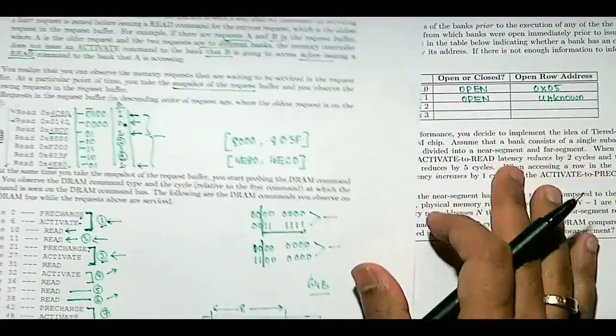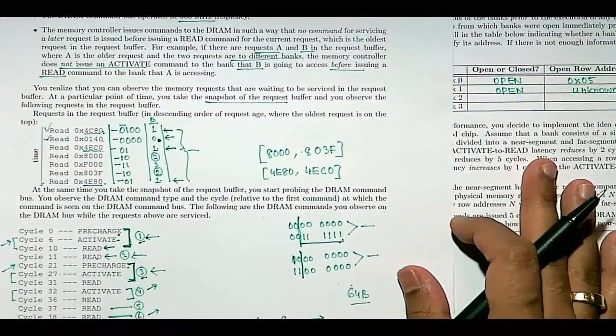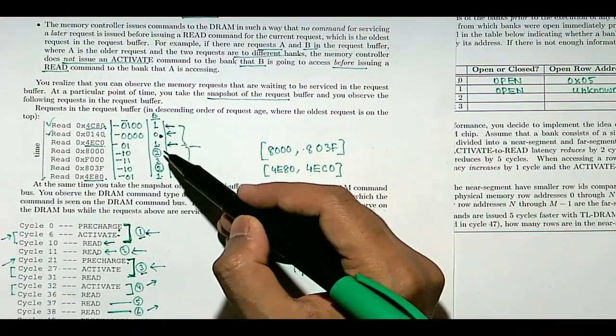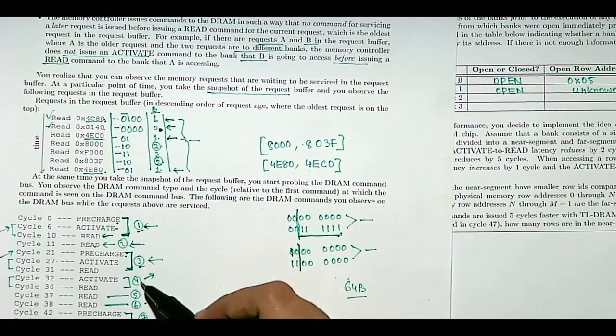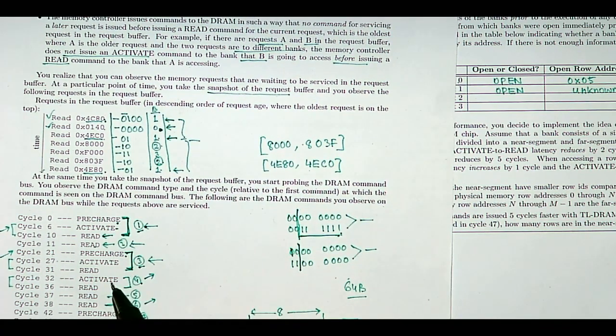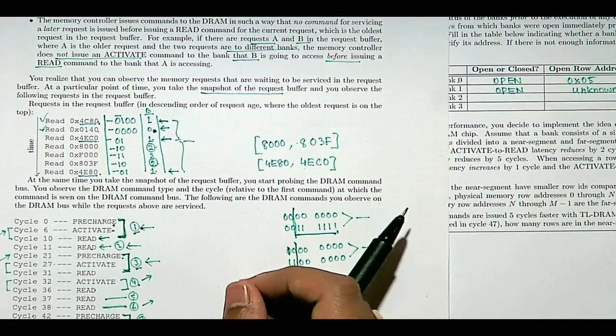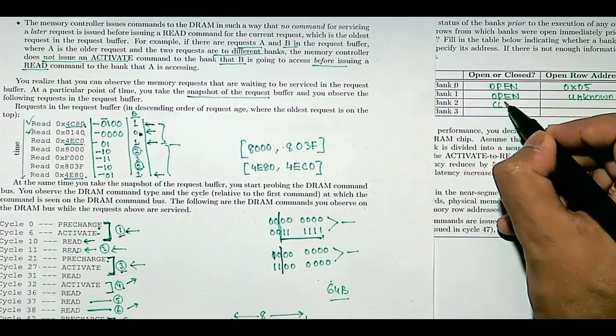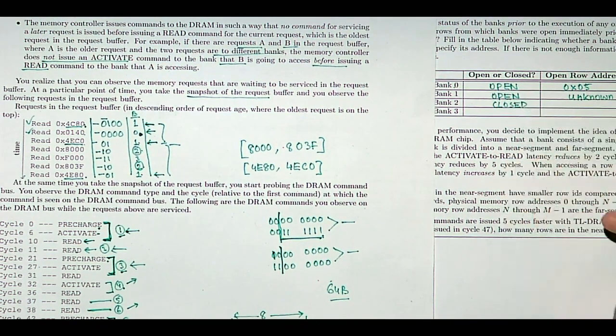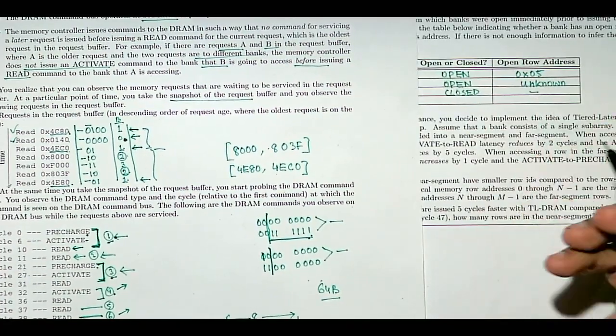Make sense? Okay. Let's go to bank 2. Now bank 2, this is the one. So this is the fourth access. Fourth access basically says activate and read. On what condition do we have activate and read? We have a closed row, right? So that means bank 2 is already closed, and there is nothing open here.